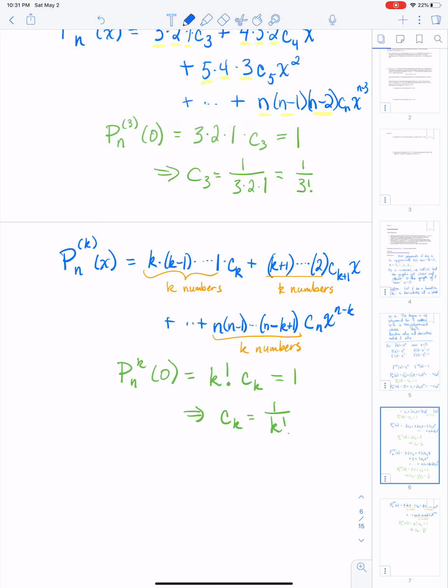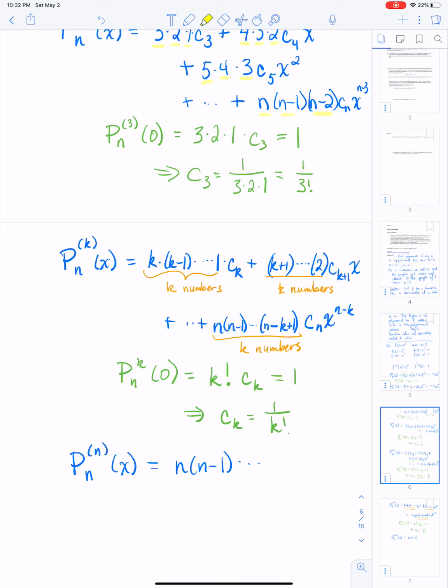And if we continue here and just look at the very last term, this formula will hold also for k equals n, but let me just write it in here because this is the last one. So the nth derivative of Pn is going to just have one term in it, and it's going to be this term n times n minus 1 times dot dot dot, and the last term here will be n minus n plus 1.